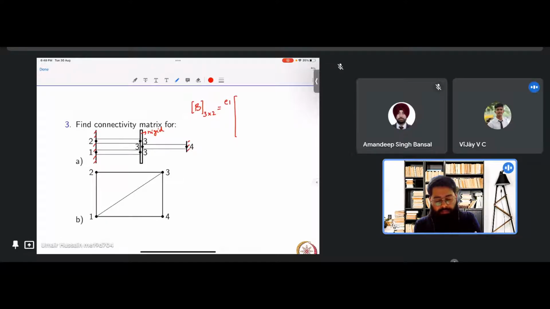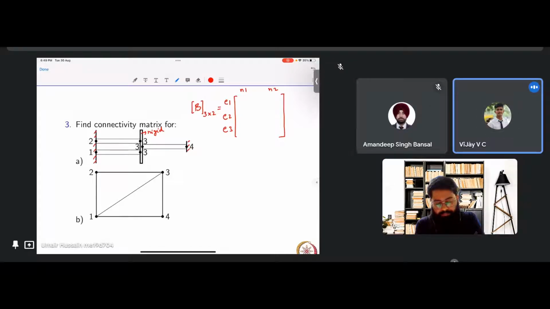So for each element we have one row. So what should be the entries of the first row? So first row is considering the top as the first element, two and three. Okay.